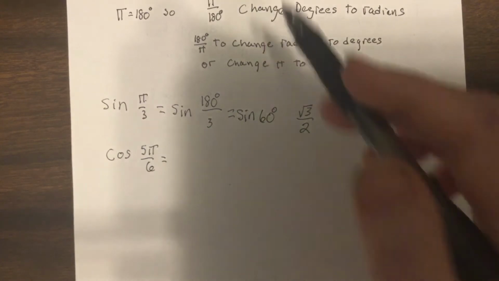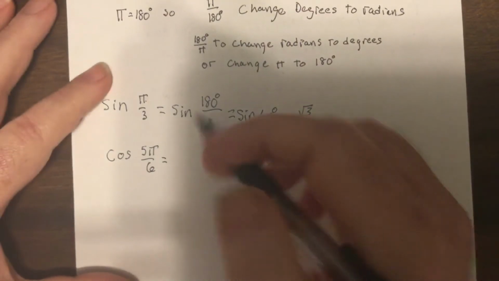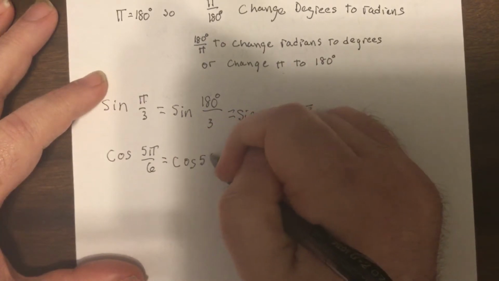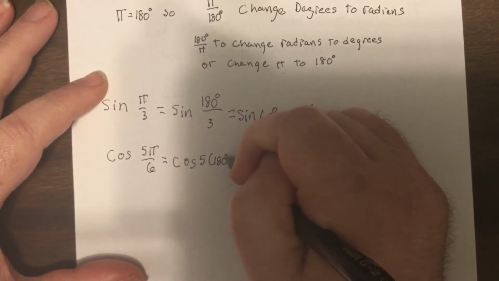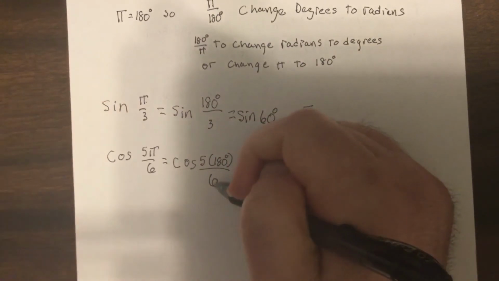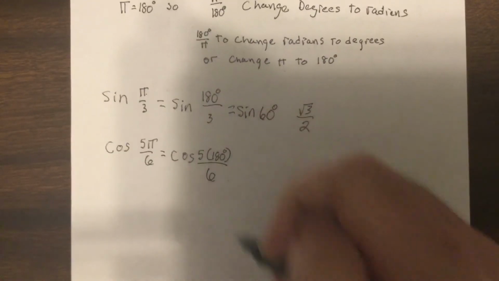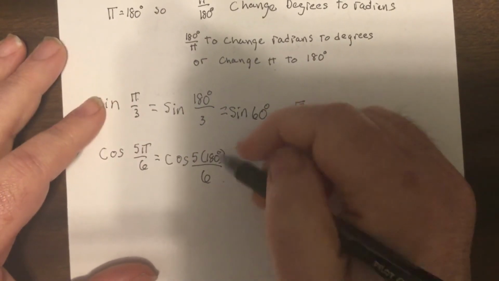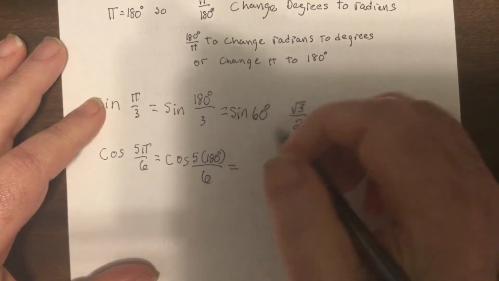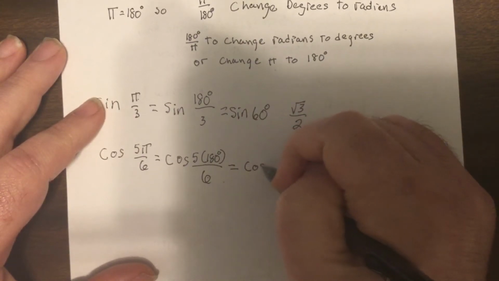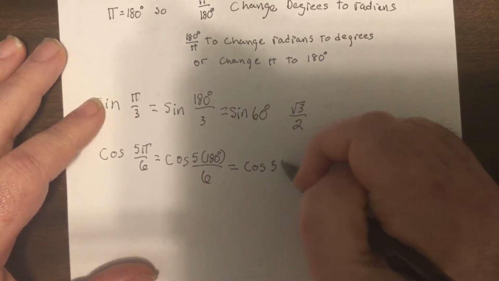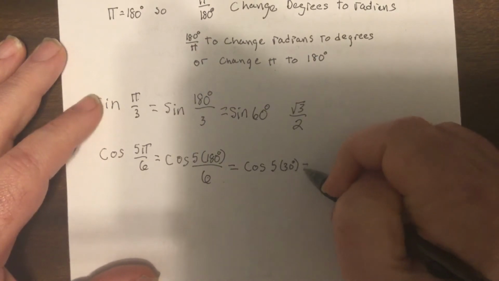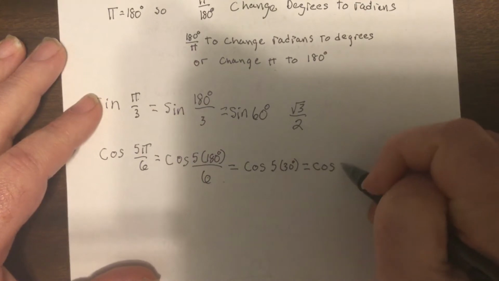You could use the conversion 180 over pi, or what I do is I just go 5 times 180 over 6. 180 divided by 6 is 30, so it'd be cosine of 5 times 30, which is cosine of 150.